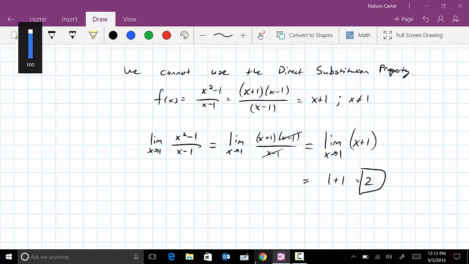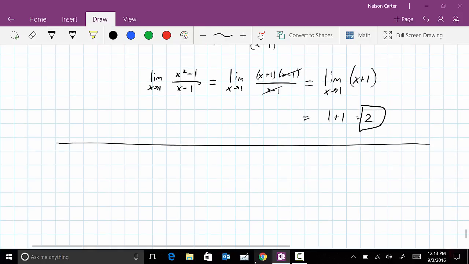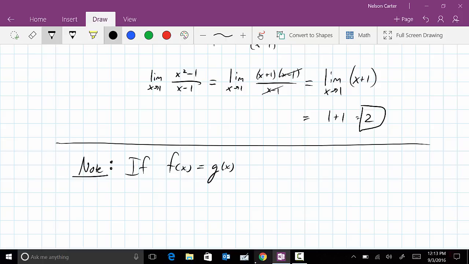Okay? All right. So now, that being said, we have some more exercises to go through. Well, this actually brings up an important property, an important note, I should say. So I'm going to note here that if f of x is equal to g of x when x is not equal to a.